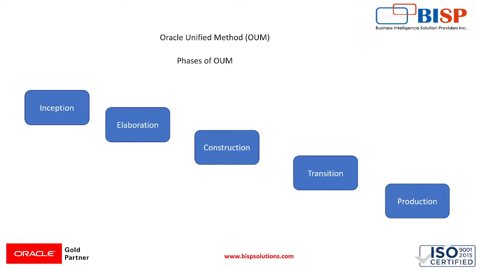Then the second phase comes, elaboration. We have to plan the implementation, define the requirements and set up the project structure. Elaboration means we have to plan the implementation: what are the stages we are going to follow, what are the steps and methods, and how much time it takes.